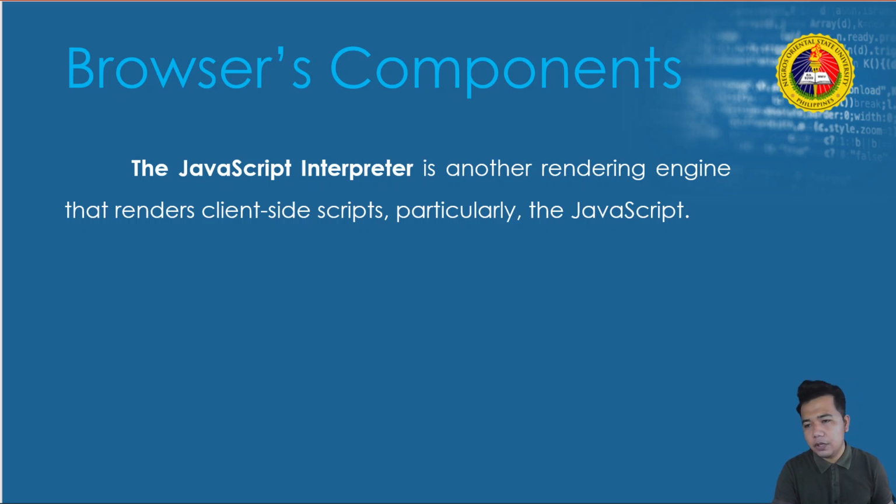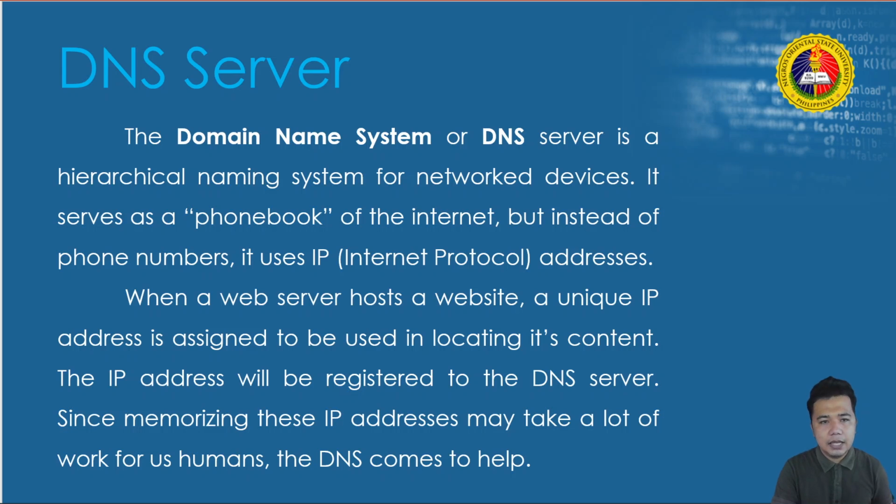So next we're going to discuss the second system in the World Wide Web, which is the DNS server. Again, the DNS server, or the Domain Name System server, is a hierarchical naming system for network devices. It serves as the phone book of the internet. But instead of phone numbers, it uses IP, or Internet Protocol, addresses.